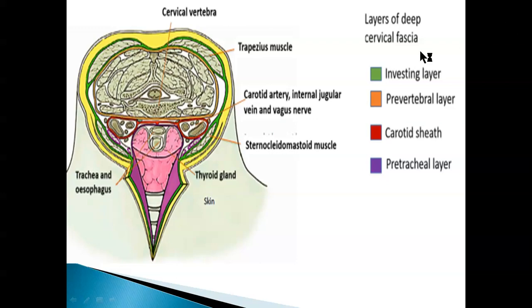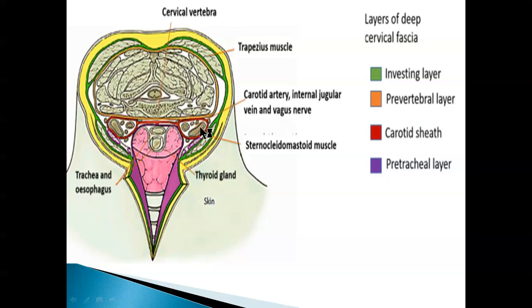All right. So as we can see here, the layers of deep cervical fascia would be your investing layer like this, covering everything like a collar. Prevertebral layer in front of your spine, in front of your vertebra over here. This area is your prevertebral fascia, covering all the spine muscles.